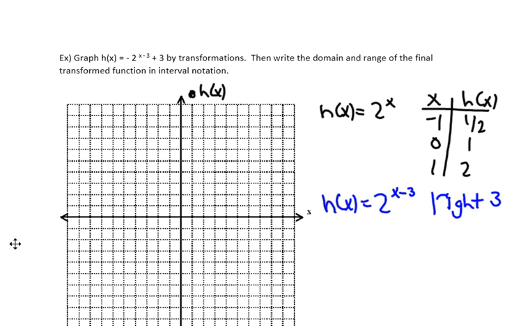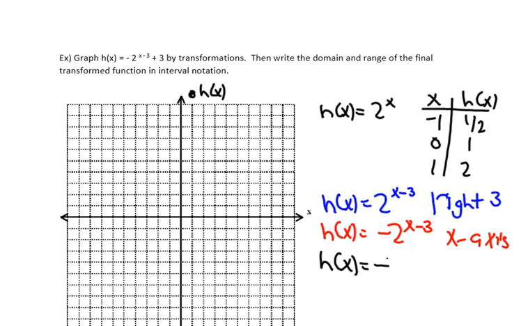Now we need to take care of the negative. Now, because the negative is outside the function, this is going to reflect across the x-axis. And then the +3, we're going to go up 3. So again, now I want to graph the original function.